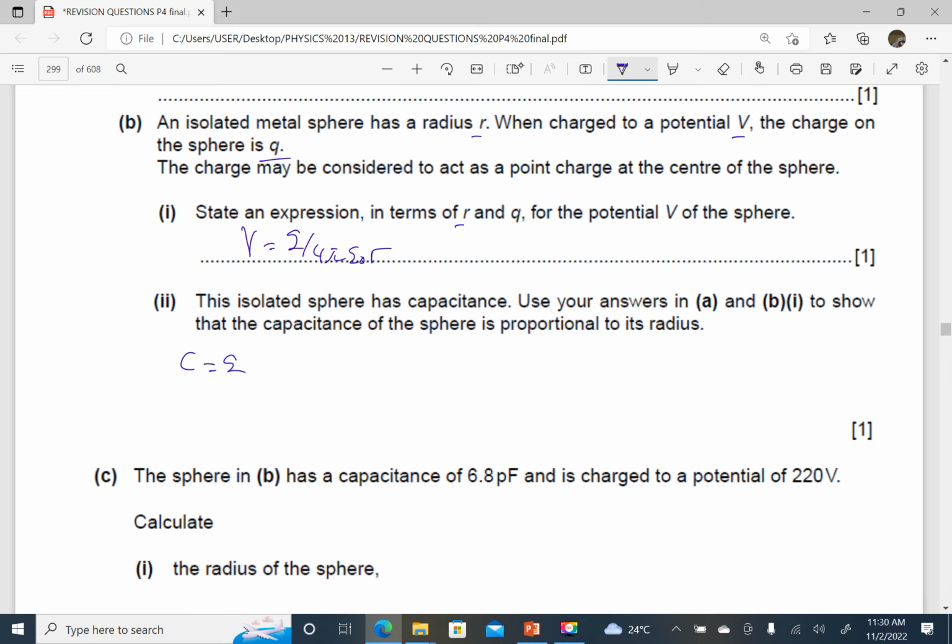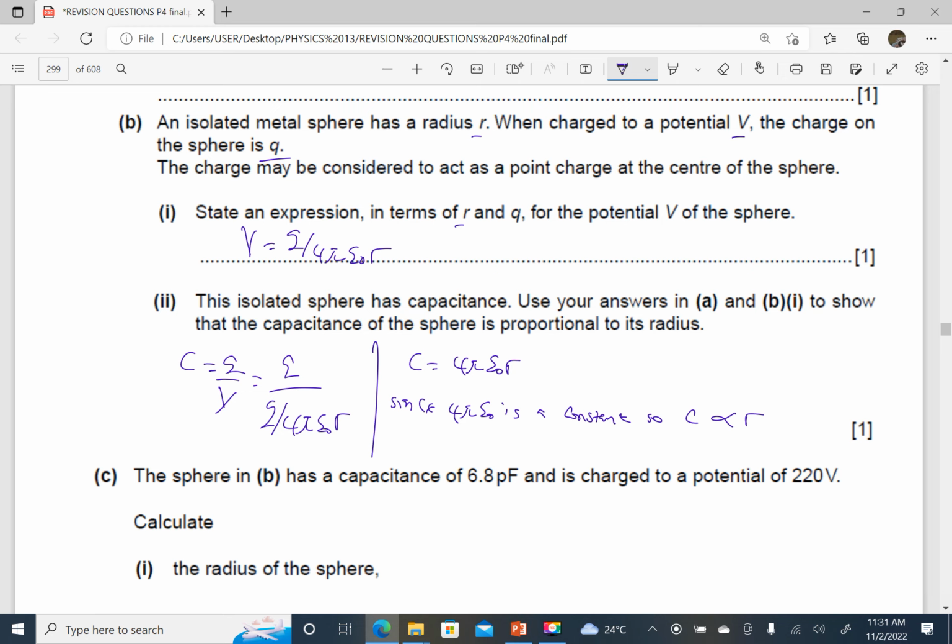So capacitance is charge over potential, and we have seen that potential is charge over 4 pi epsilon naught R. So capacitance is going to be 4 pi epsilon naught times R. Since 4 pi epsilon naught is a constant, we say capacitance is directly proportional to the radius.